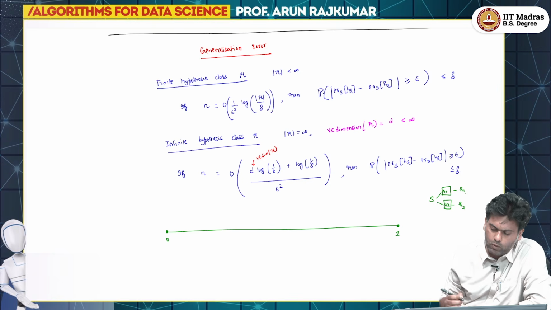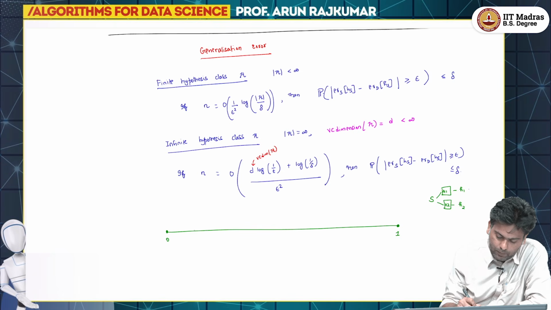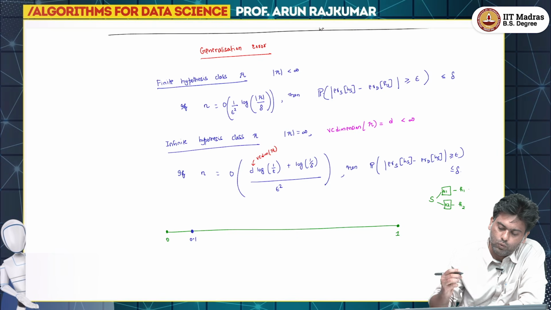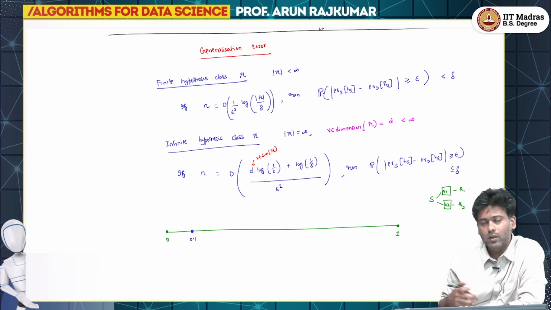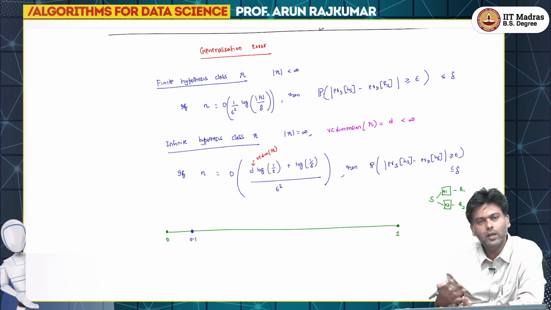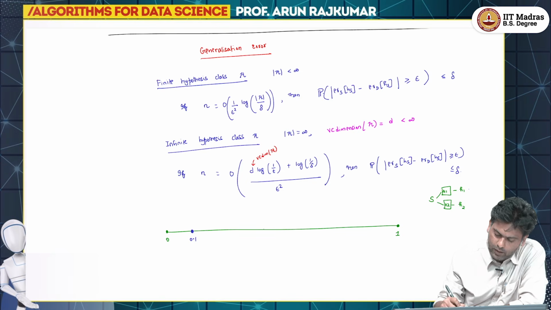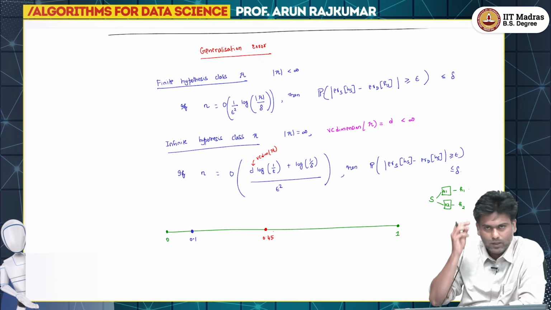Maybe one is a good algorithm, one is a not so good algorithm. What do I mean by a good algorithm? If I measure the training error of H1, maybe it is 0.1. And if I measure the training error of H2, which is a not so good algorithm, not really exploiting any structure in the data, maybe the training error is 0.45. These are just numbers I am cooking up.